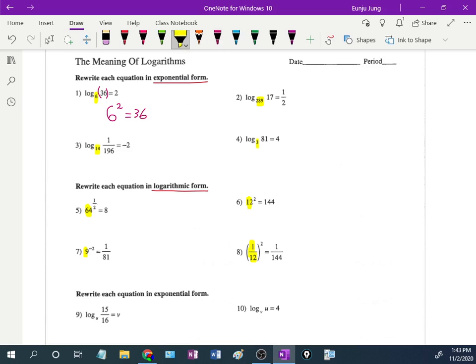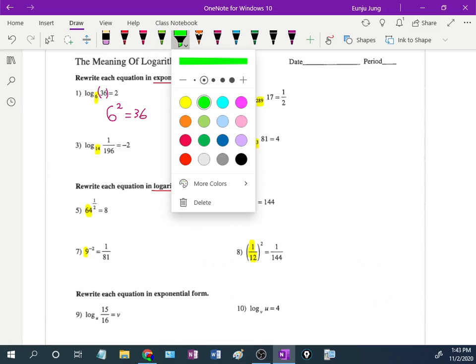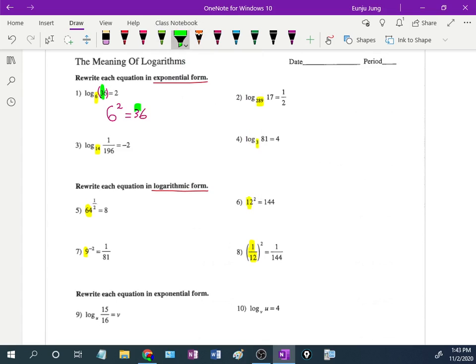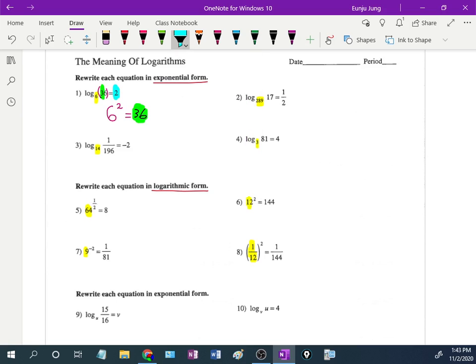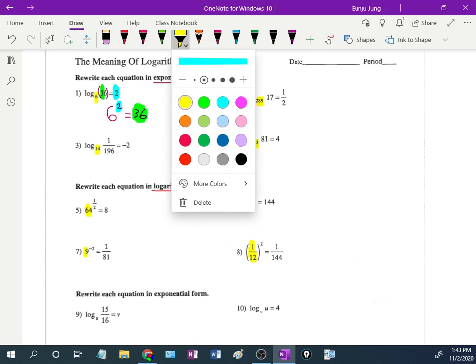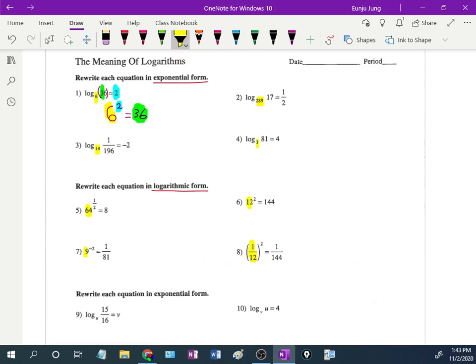So let me highlight once again. Input 36 goes over here, output. And now this is output. Output became an input. And I need to still keep the same bases, okay? Bases are the same.